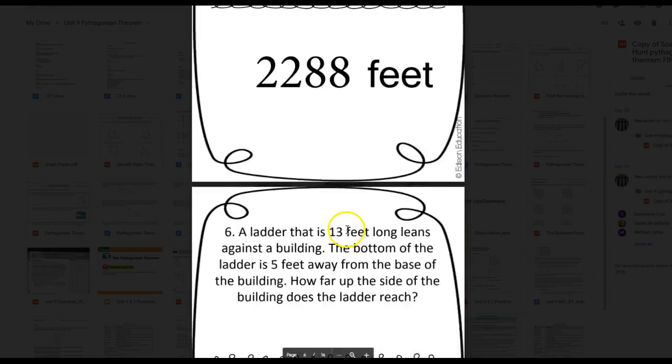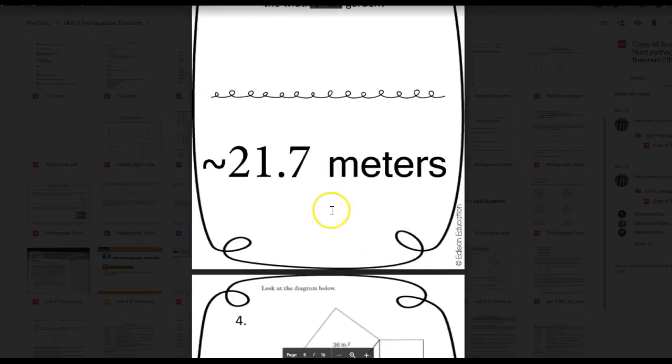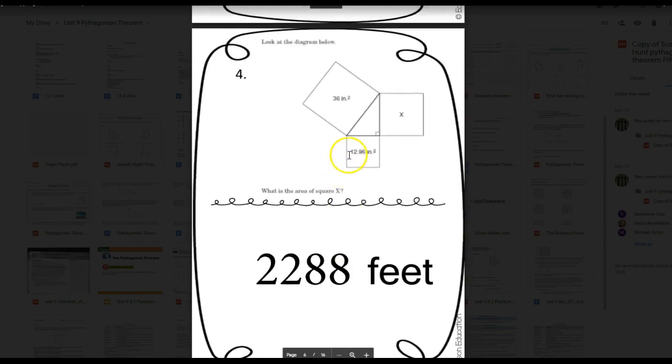Number 4. Here it is. Looking at this diagram, we can see that the area of this square is 36. So that means that each side is 6, because the square root of 36 is 6.